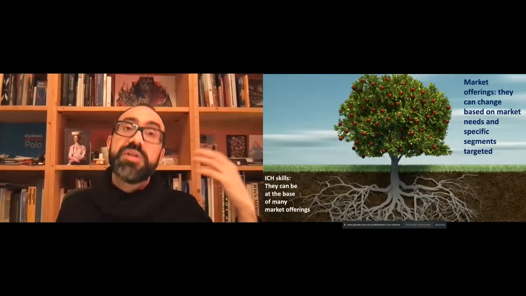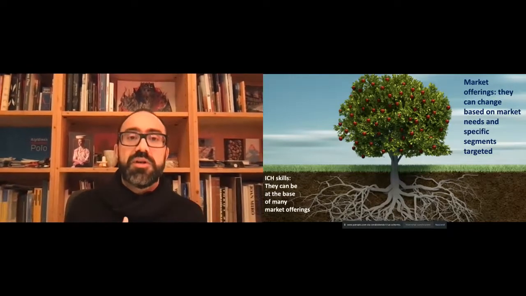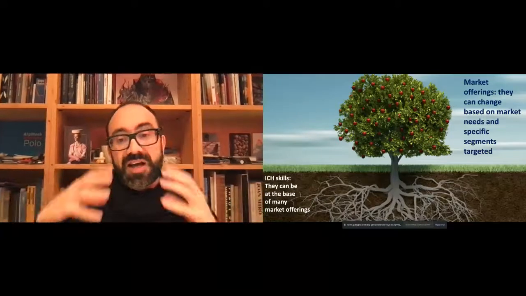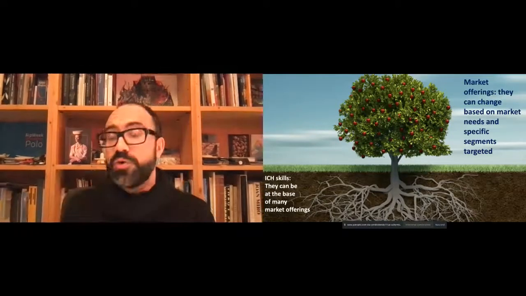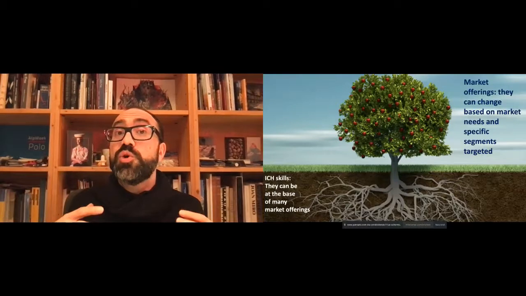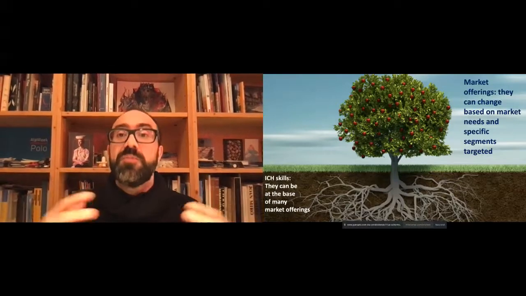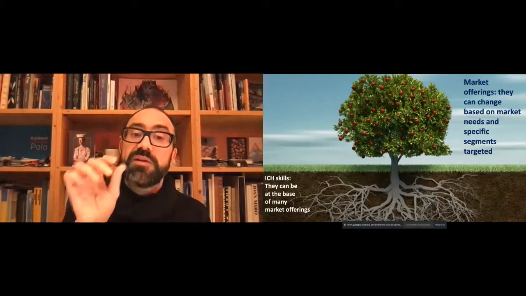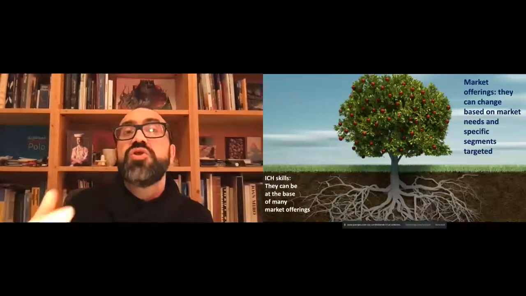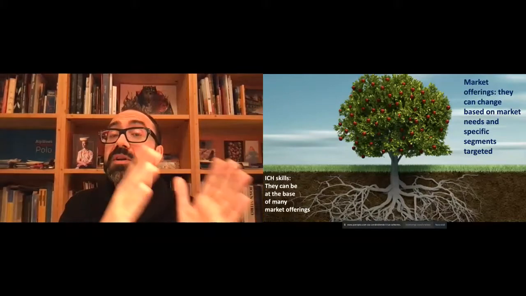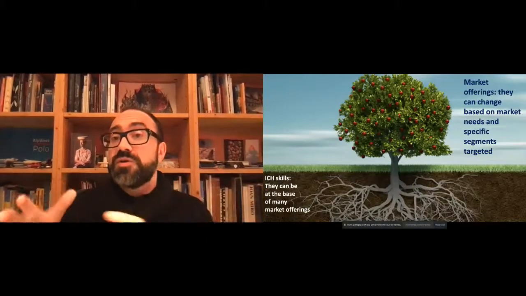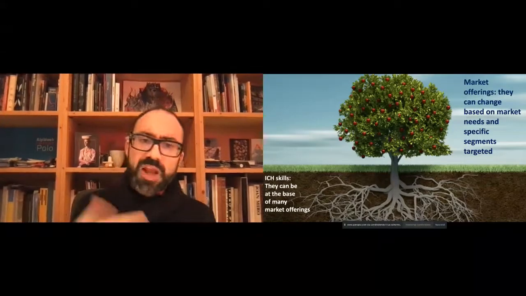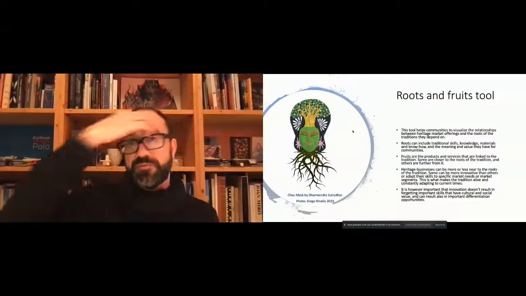We already talked about market segmentation, and now the point is that your skills can assume very different forms. So they can be turned into very different kinds of market offerings. And the extra point that I'm highlighting now is that they can change depending on specific needs expressed by different kinds of customers. Let's elaborate a little bit on this.